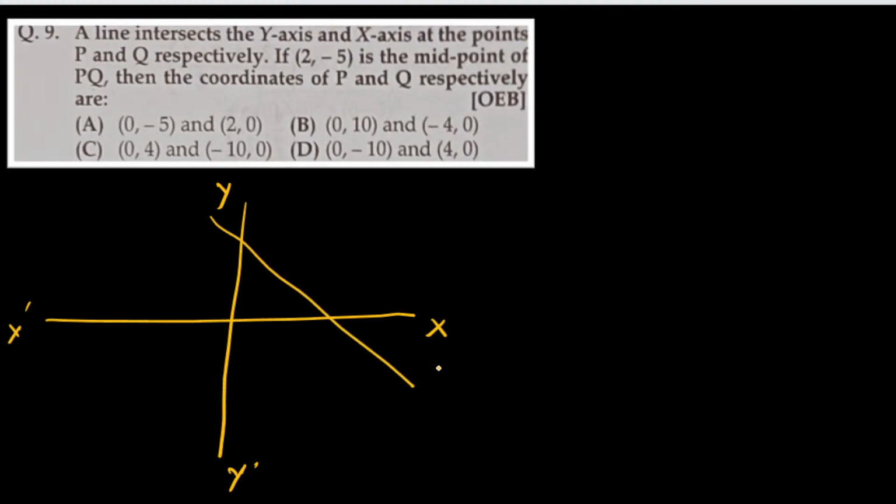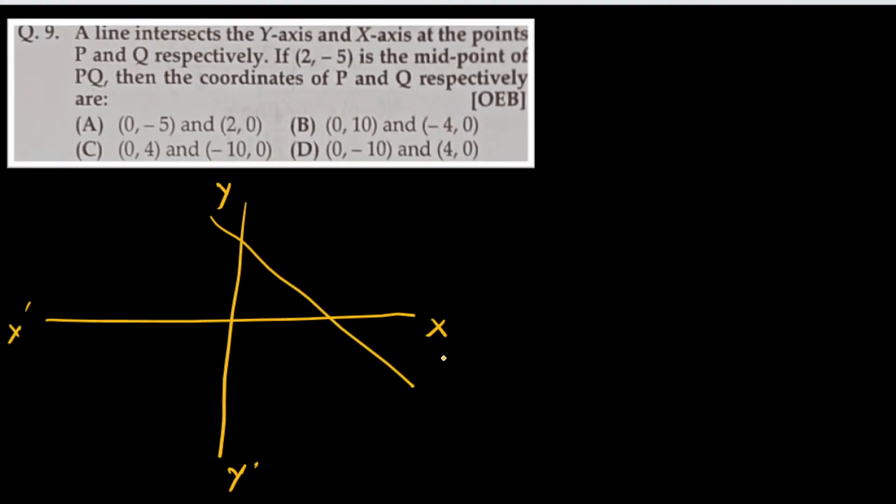Like this is a plane, a Cartesian plane. Here this is the x-axis, the horizontal line, and the vertical line is the y-axis. So one line is there, intersecting the x-axis and y-axis. It can be any line; I'll just show you like this.